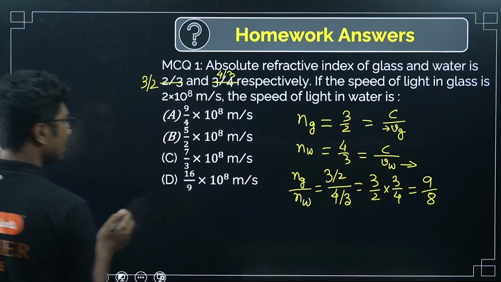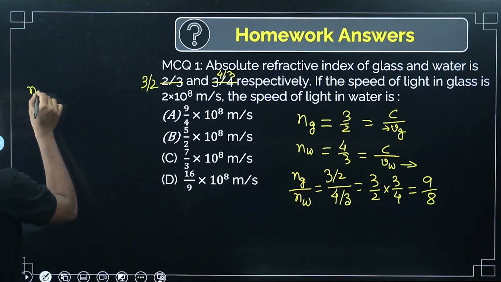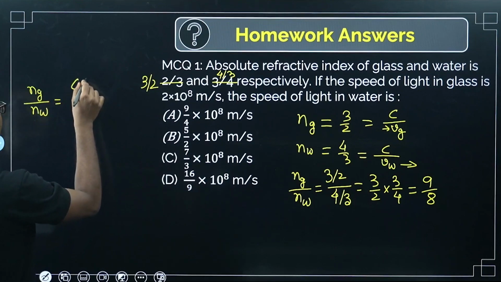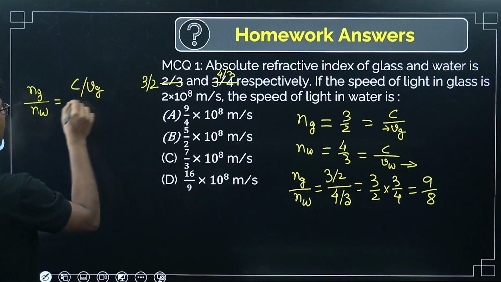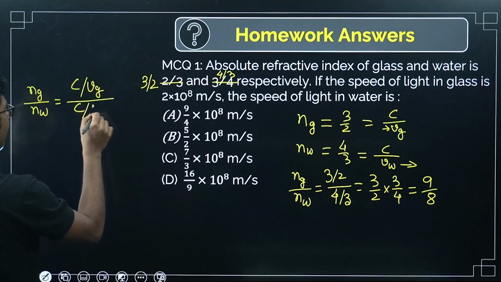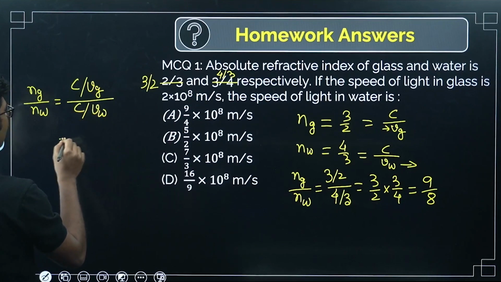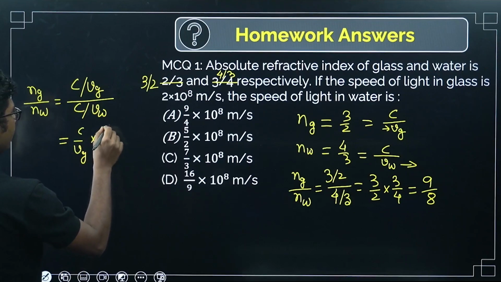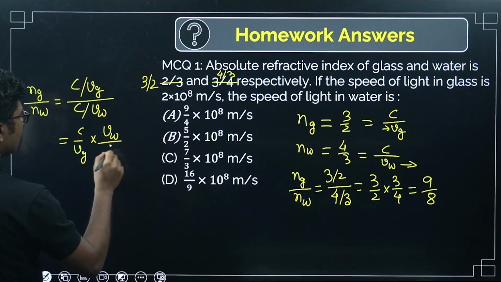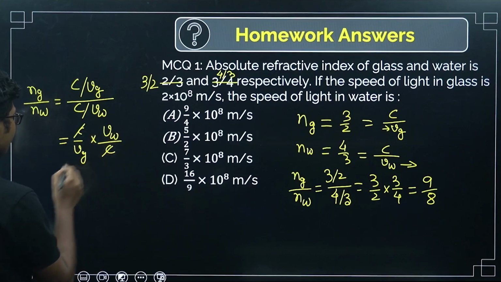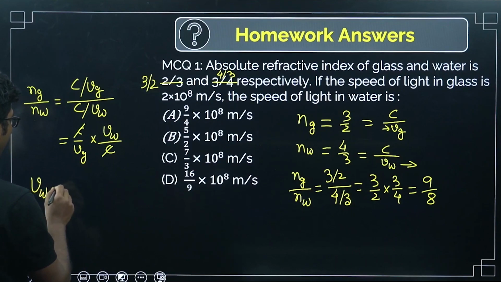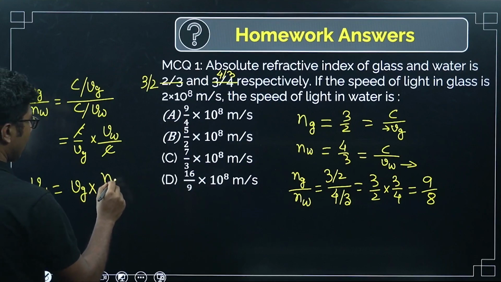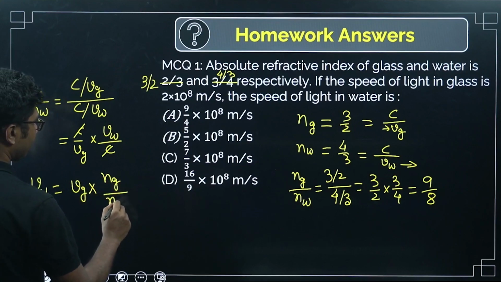Now what is Ng by Nw? Ng by Nw should be C by Vg divided by C by Vw. So C by Vg times Vw by C. C cancels, so Vw is now Vg times Ng by Nw.